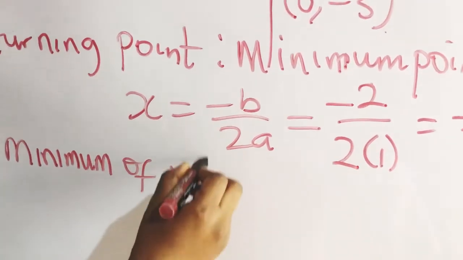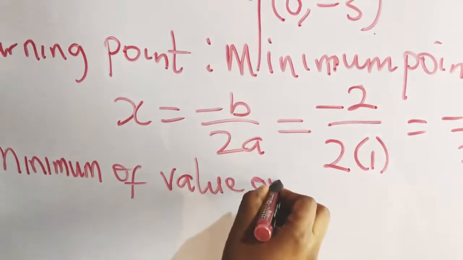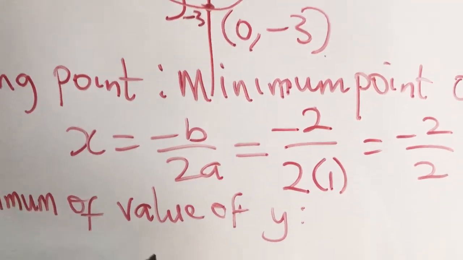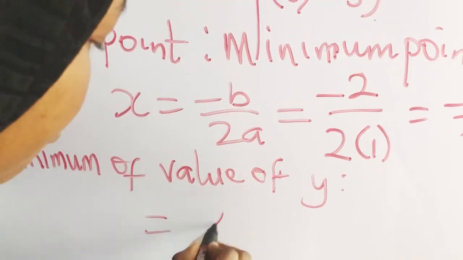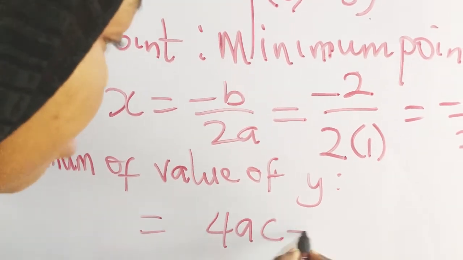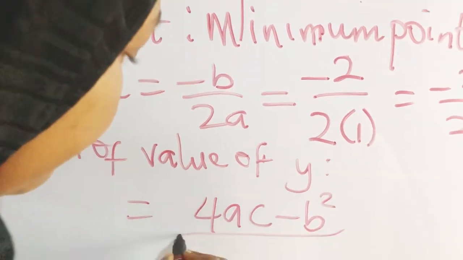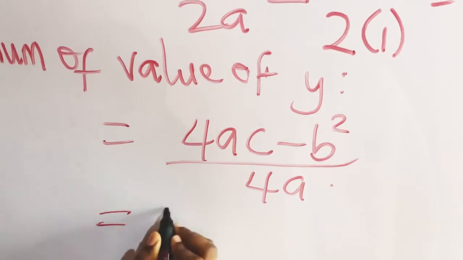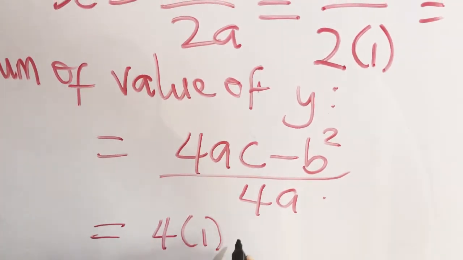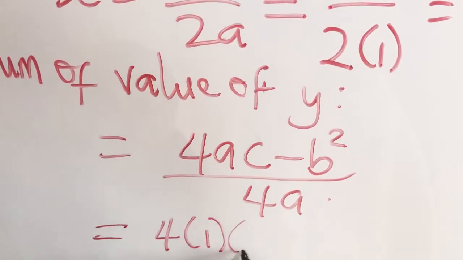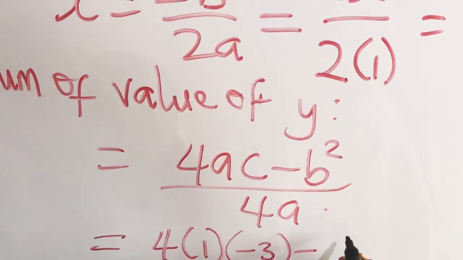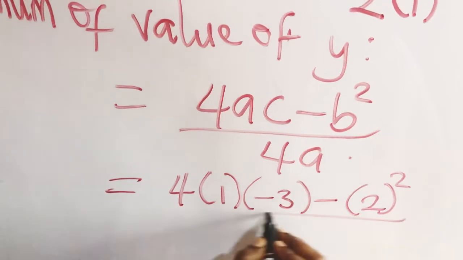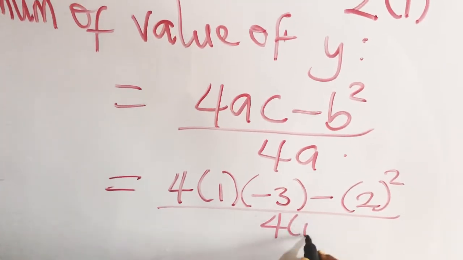So the minimum value of y, let's use this formula, will be equal to 4ac minus b squared over 4a, so that we will not waste time. Here a is equal to 1, c is minus 3, then b is 2, squared, over 4 multiplied by 1.